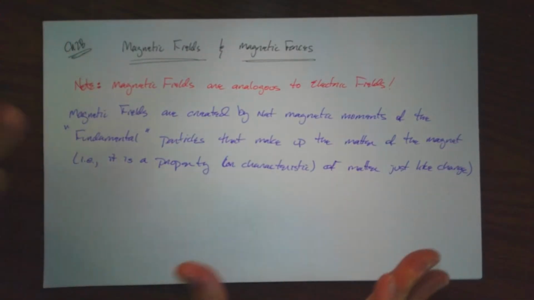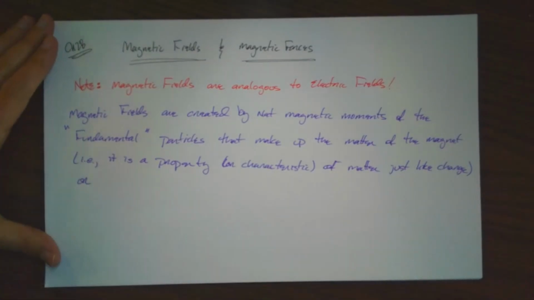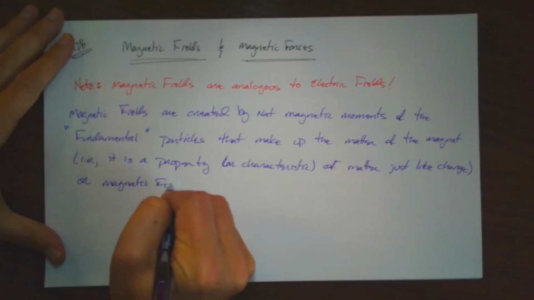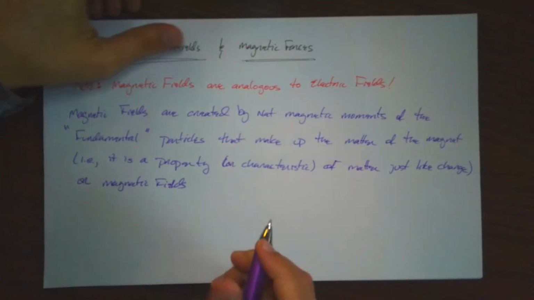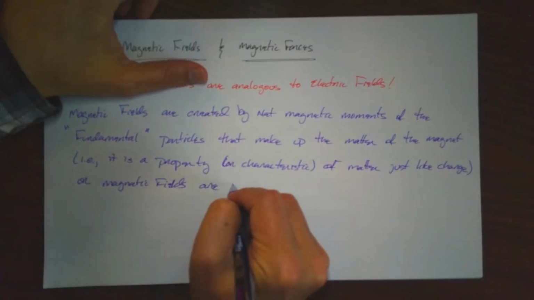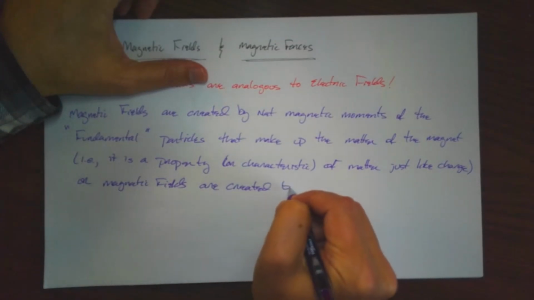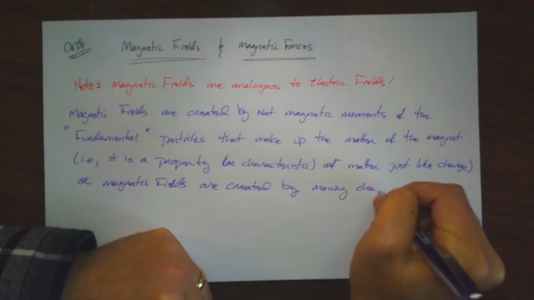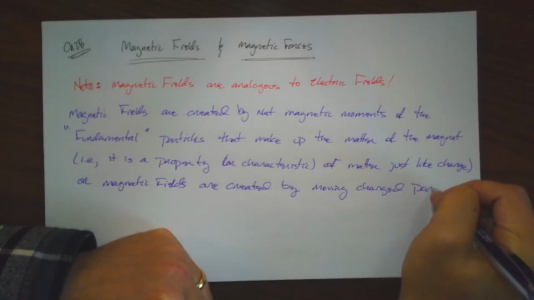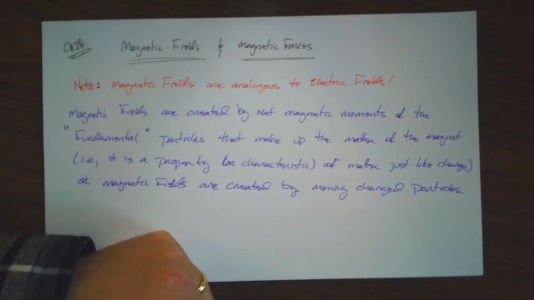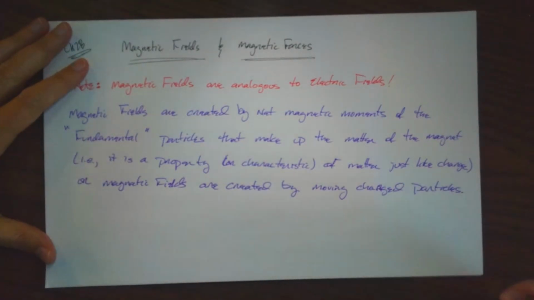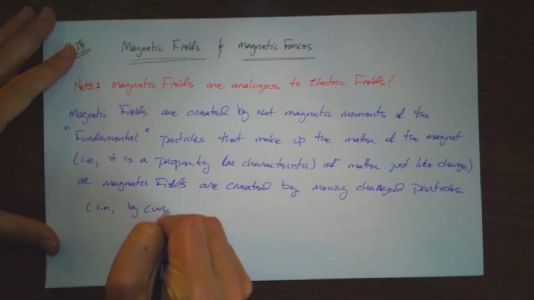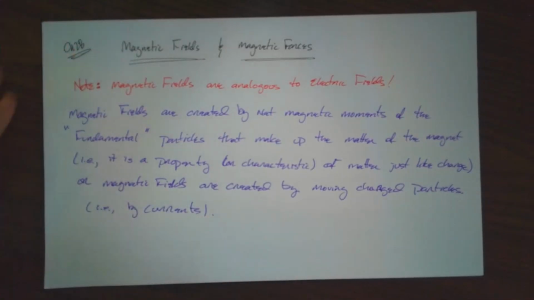So magnetic fields are created by net magnetic moments, or they're created by moving charged particles, which is what we would call a current.